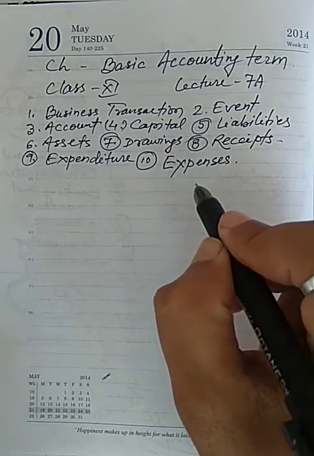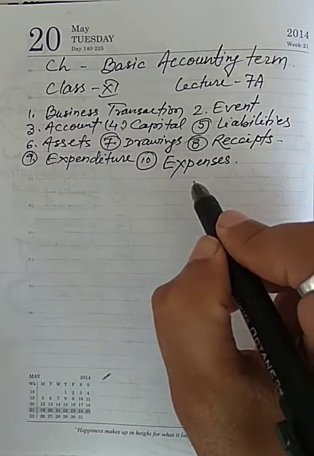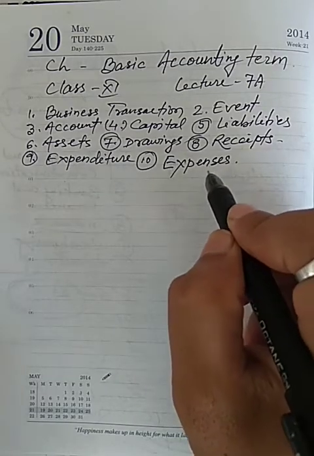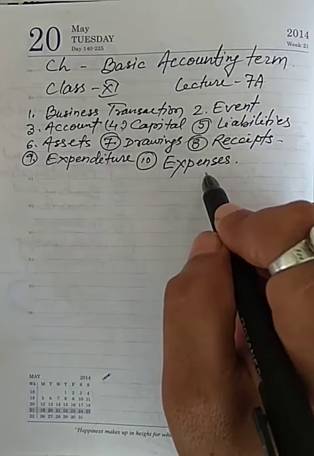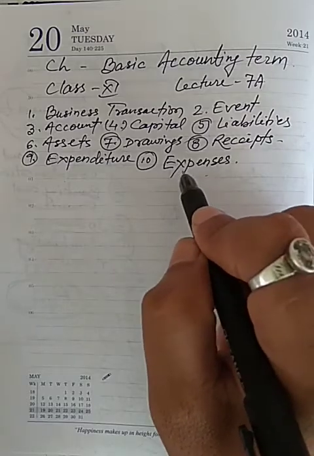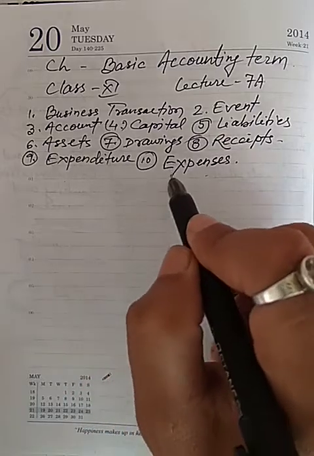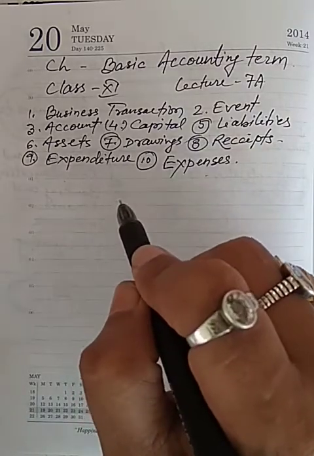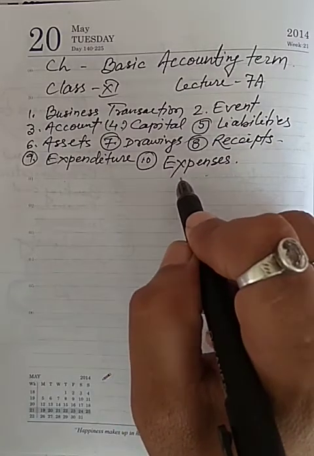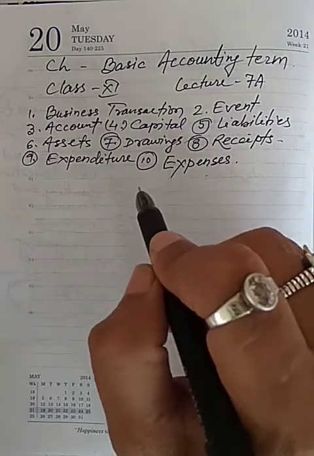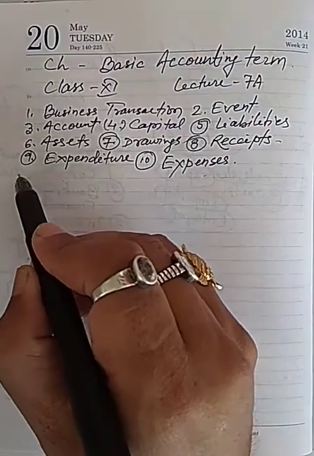According to Miller, expenses is the cost of use of things or services for the purpose of generating revenue. Cost of goods sold, amount paid for rent, commission, salary, advertisement, etc. are known as expenses.